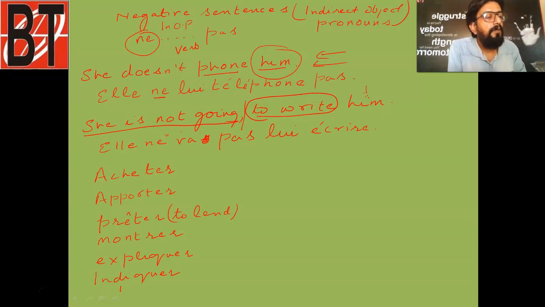Indiquer का मतलब होता है to indicate or to point out. Then look at this word envoyer. Envoyer हमने यूज किया है to send. You can also take this verb apprendre, to learn.